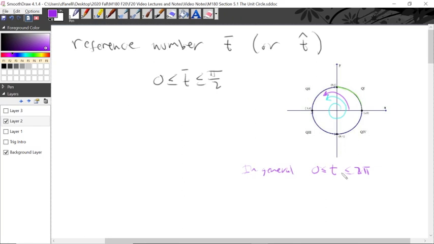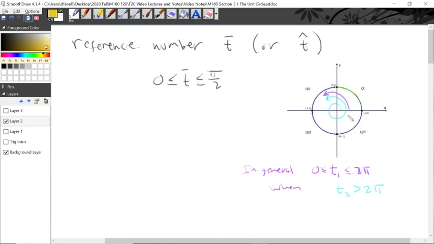In general, we can have a value of t, I'll call it t1, between 0 and 2 pi. Whenever we had a value of t here in blue, I'll call it t2, which is, in our case, for instance, greater than 2 pi, these would be coterminal values of t.